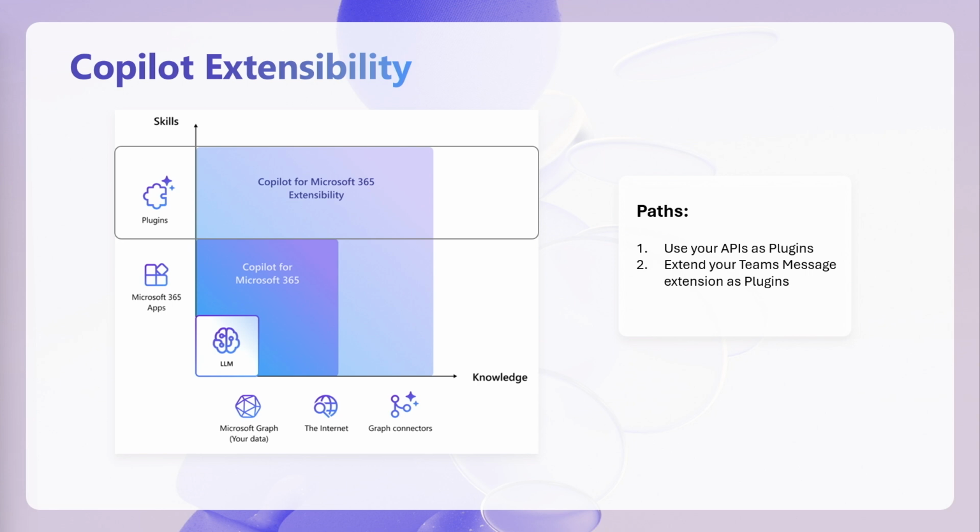Moving along here, we really like this graph. Fabian talked about expanding Copilot by moving the scale one way or another on the graph. The plugin story is really that axis.